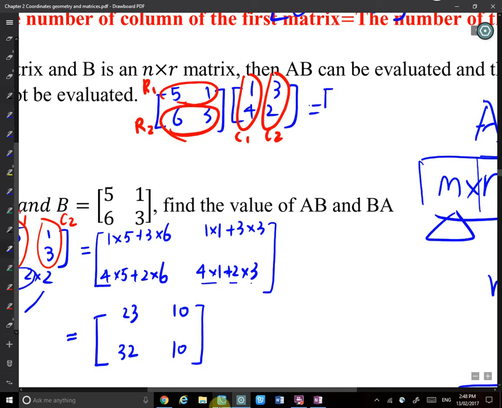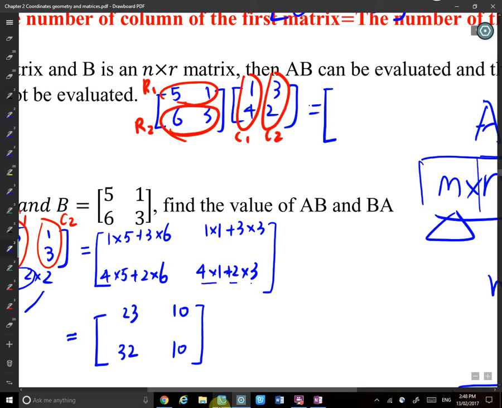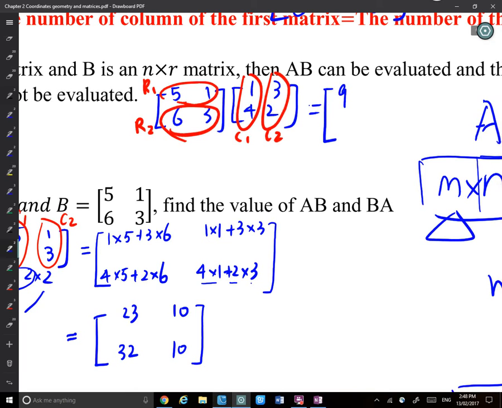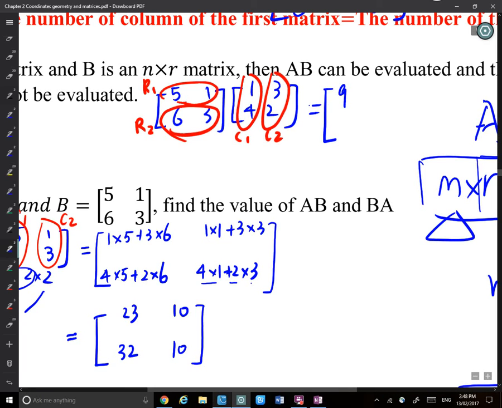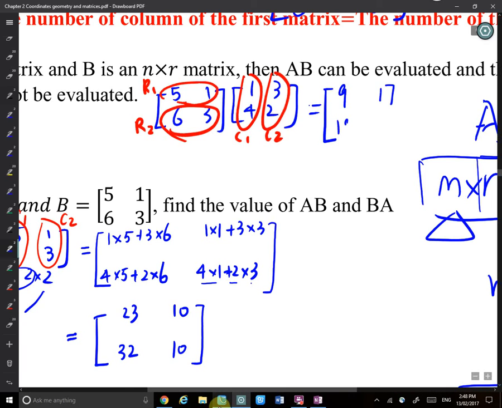When I have row 1, column 1, I'll use 5 times 1 plus 1 times 4. That will give me 9. Row 1, column 2 will be 5 times 3, 15, plus 1 times 2, which is 17. Row 2, column 1 will be 6 plus 12, which is 18.